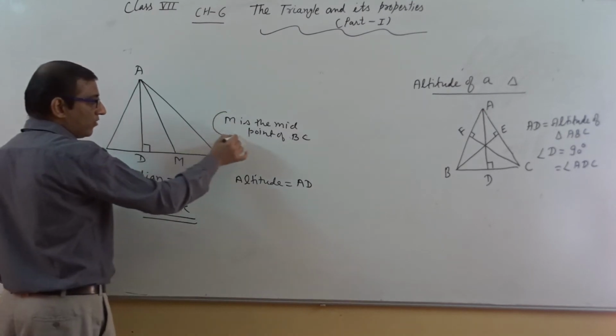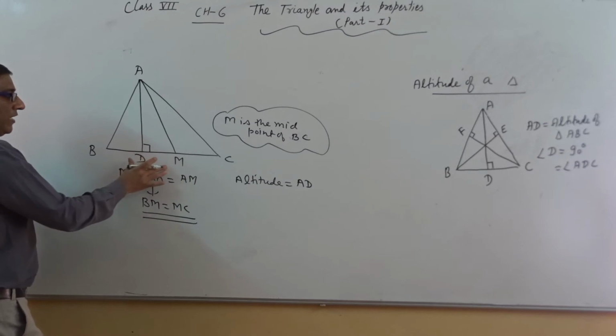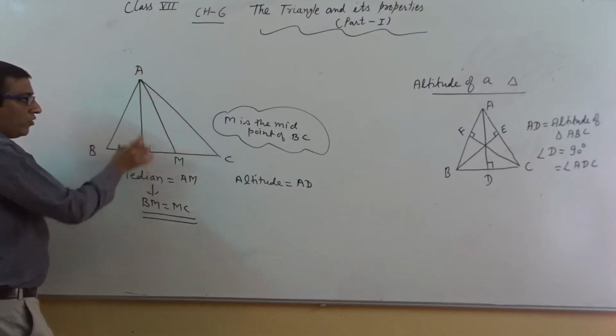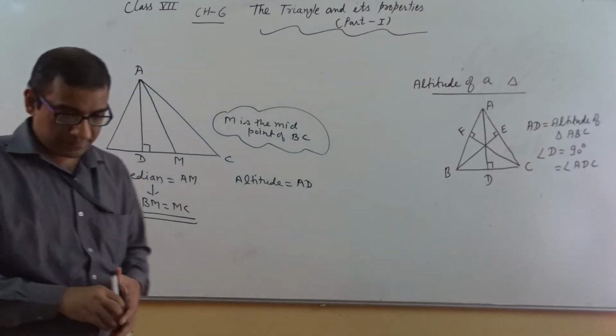So if it is given in the question that M is the midpoint of side BC, then we will easily identify what is altitude or what is median in a given triangle.